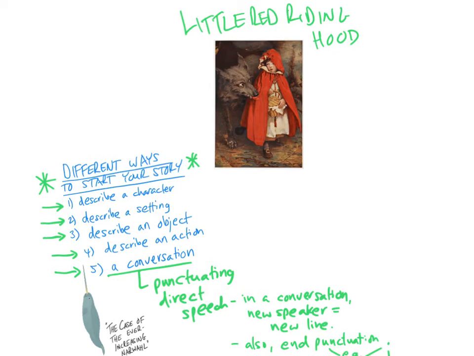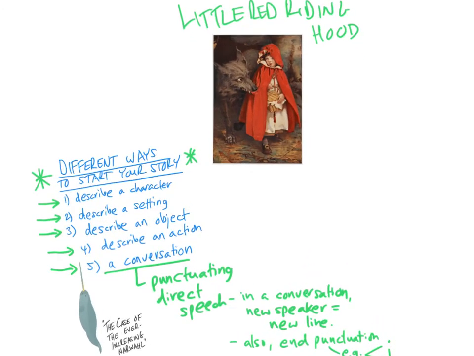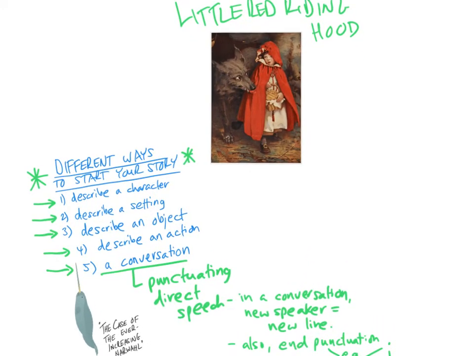You're going to come up with it, and you're going to write it. But you're not sure how to start it. You've got a character in mind, you've got an idea of what's going to happen. Basically, a little girl runs to the woods with a basket to take some food to her granny. She meets a wolf in the woods. She gets away from him. She gets to the cottage. There's a granny who looks kind of weird in bed, yada, yada, yada. You know how the story goes.